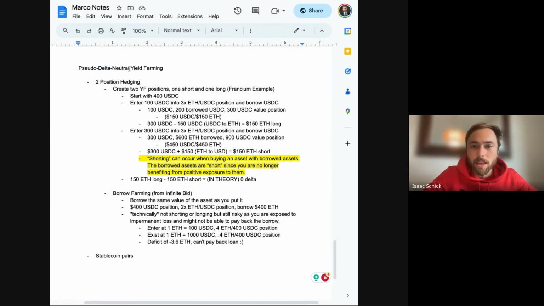In this, it's going to mean you have a dollar amount that you put into an investment and you want to be able to extract that same dollar amount with time being a non-factor. Of course, that's never going to be exactly correct, but you want to approximate this. That is the idea of delta neutral yield farming.